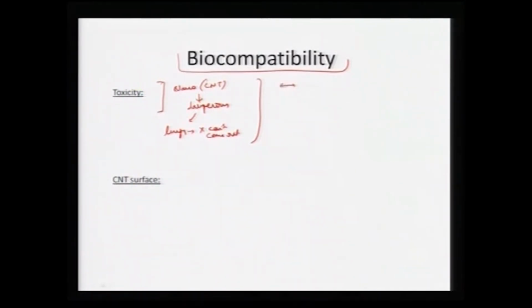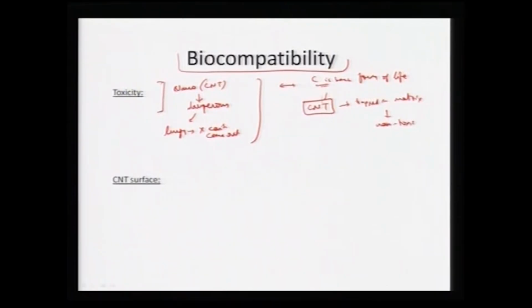But on the other hand, the second school of thought says that carbon is the basic form of life. So, anything which is carbon should not harm the functionality. And once this carbon nanotube is reinforced or trapped in a matrix, it is no more available as a free form. So, then it cannot be toxic.